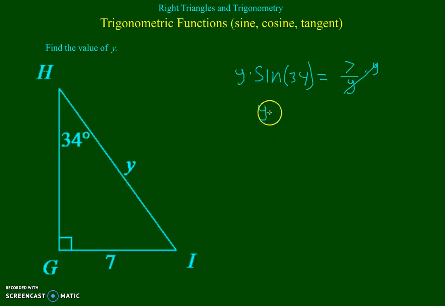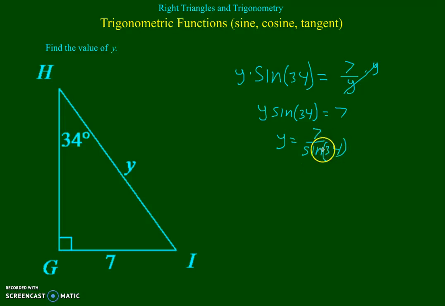This gives us y sine 34 equals 7. And then we're going to divide by sine 34. This is simply a number. Don't let this fool you. Remember, sine, cosine, and tangent simply generate ratios. So y equals 7 over sine 34.